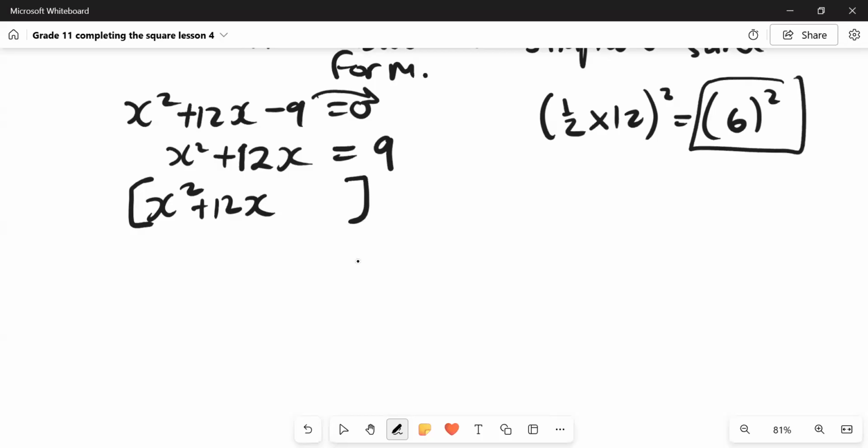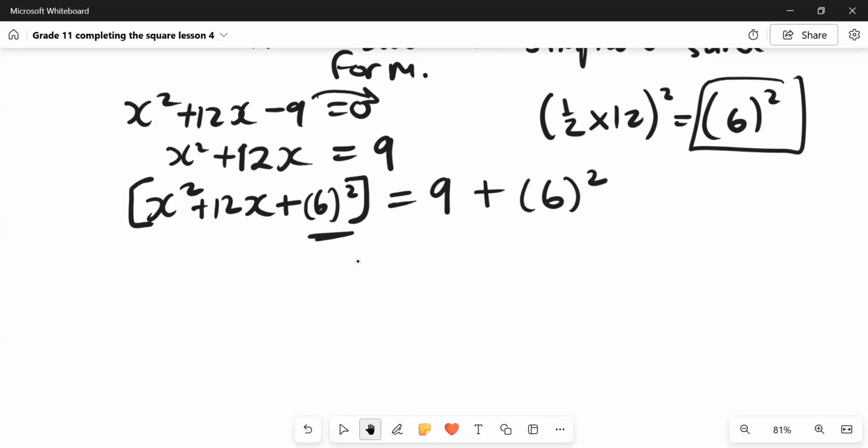Then we introduce this one here. So that's plus 6 squared. And then it's equals to plus 9. What you do on the left hand side, you must do on the right hand side. So here we are no longer subtracting because eventually when you transpose, that 6 squared will cancel with 6 squared, right?